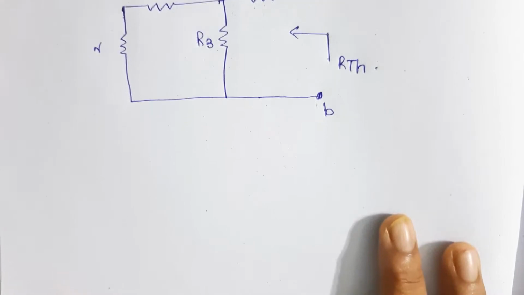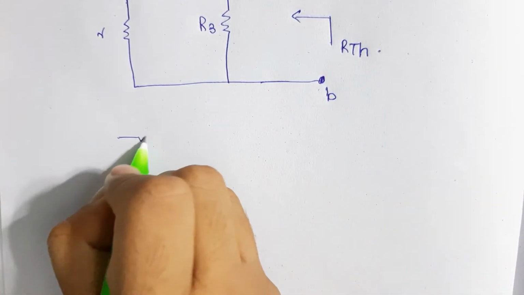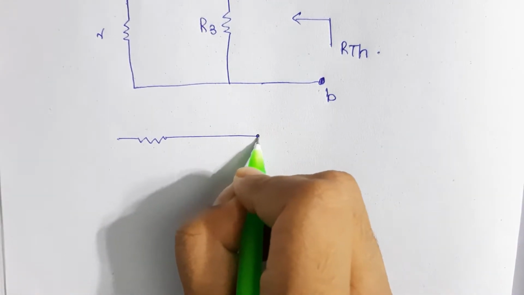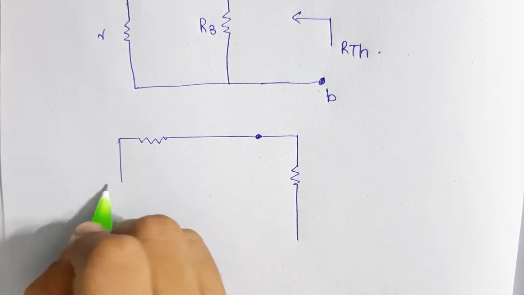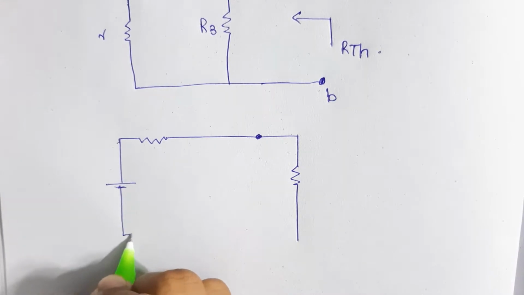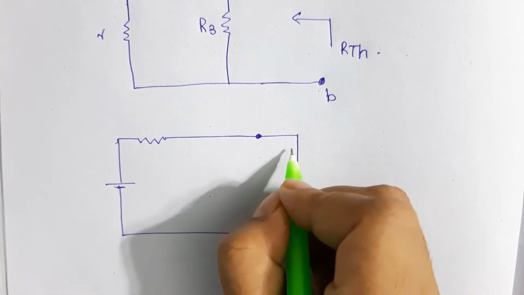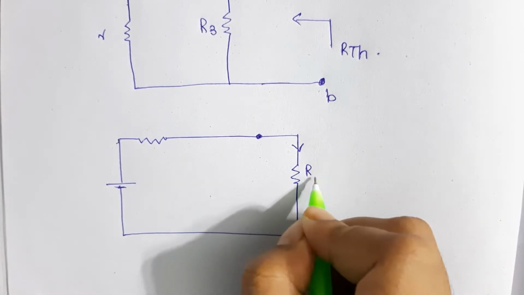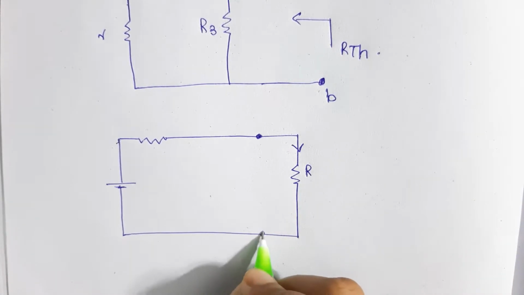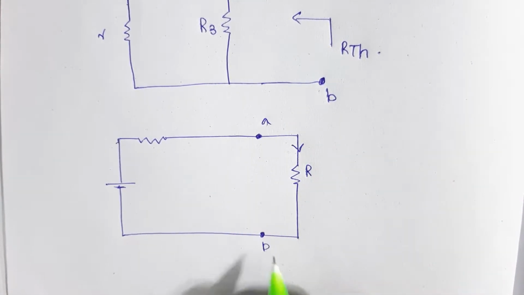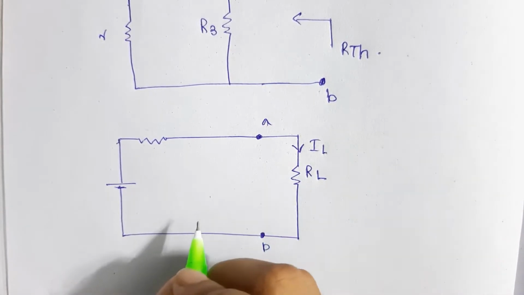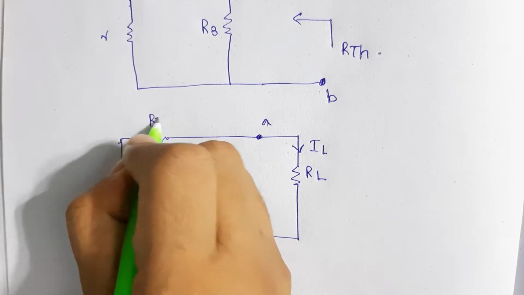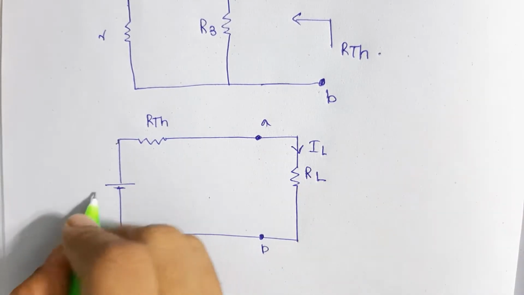Now the final circuit which we will get will be something like this. Let me give these points, this is AB. So this is the load resistance, here we will have the load current, this is the RTH, and this is VTH.